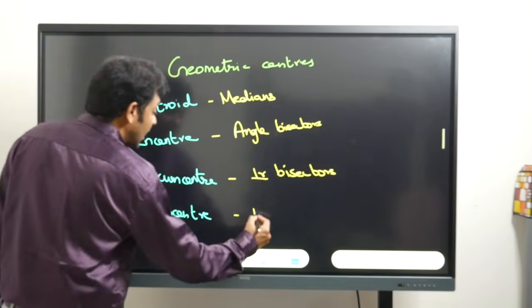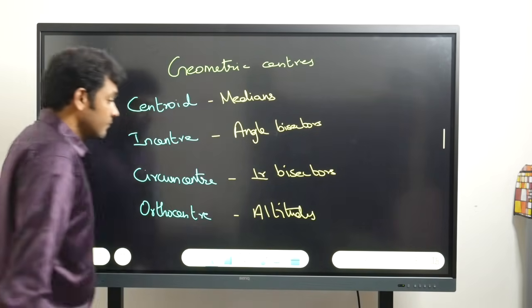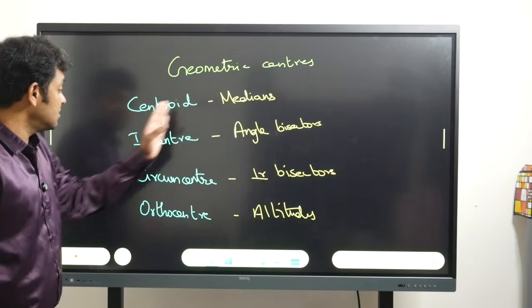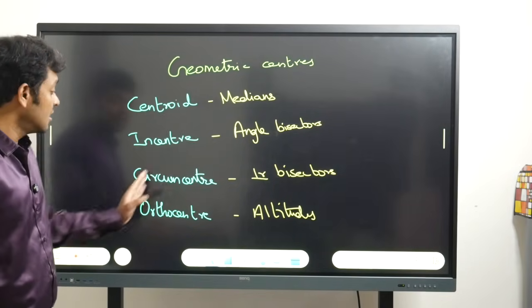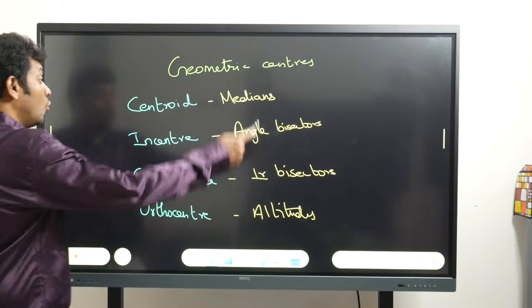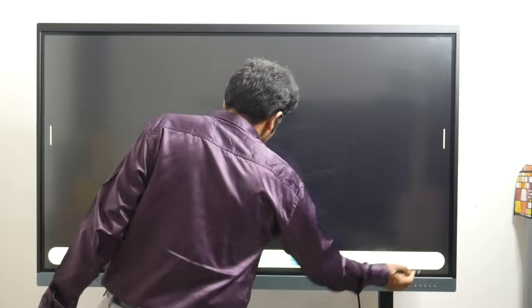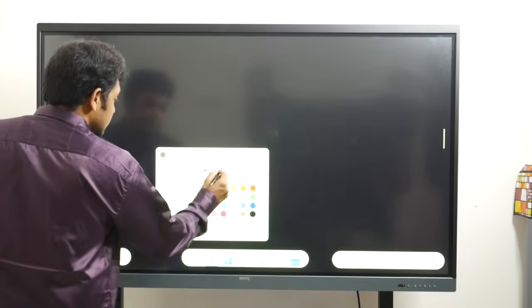Orthocentre is the intersection of the altitudes. Now, what is a median, angle bisector, perpendicular bisector, and altitude? Let's see that one by one. Median.